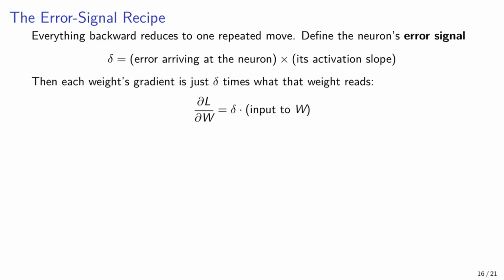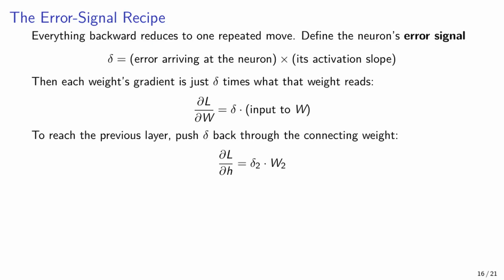Once you have delta, each weight's gradient is simply delta times whatever that weight reads as input. No new calculus, just a multiplication.